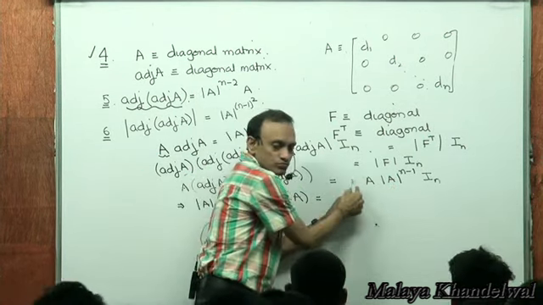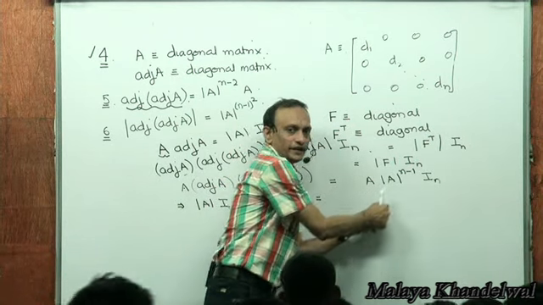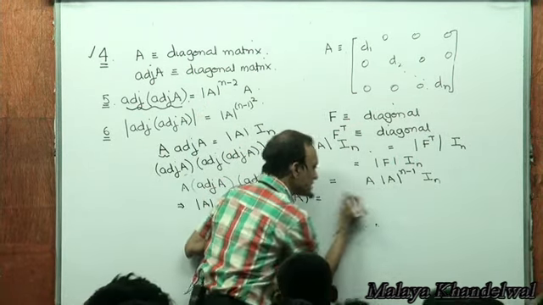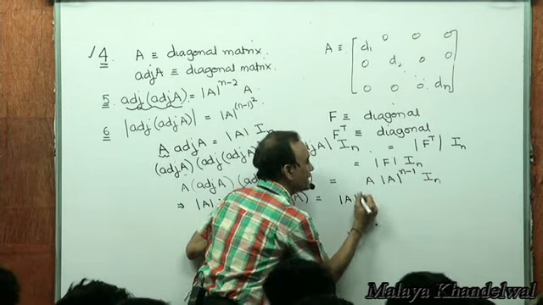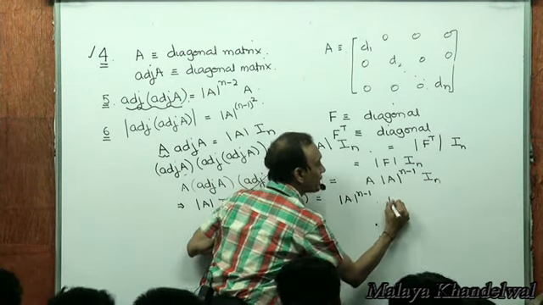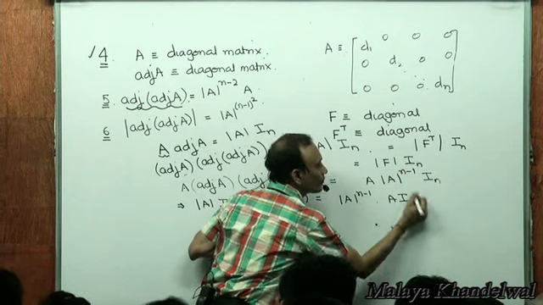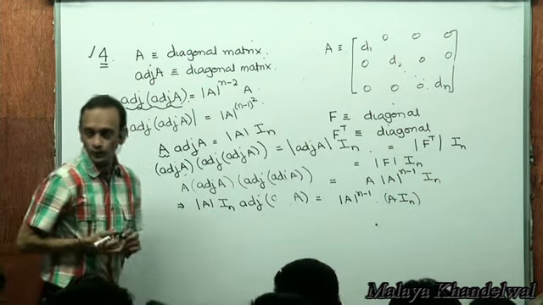It can come out, the scalar can come out or go in, right? So this scalar comes out, determinant A to power n minus 1 is a scalar, A times I n, yes or no?